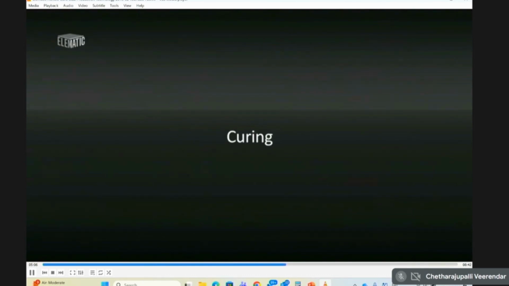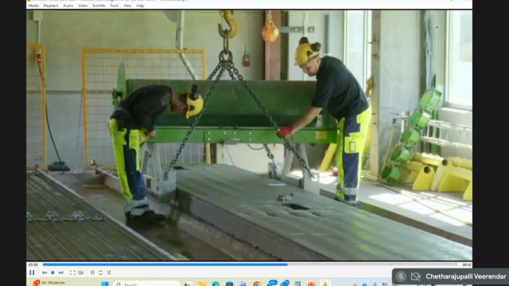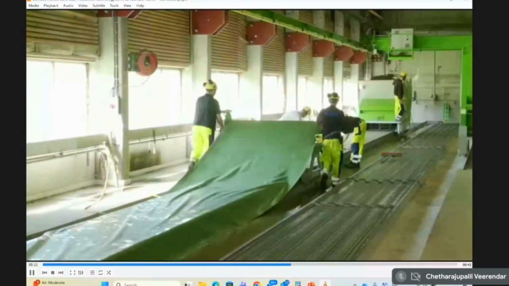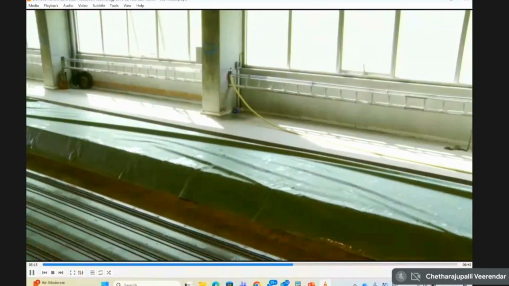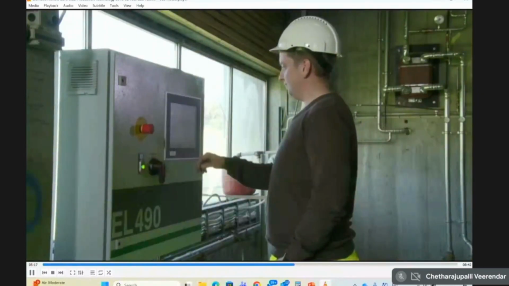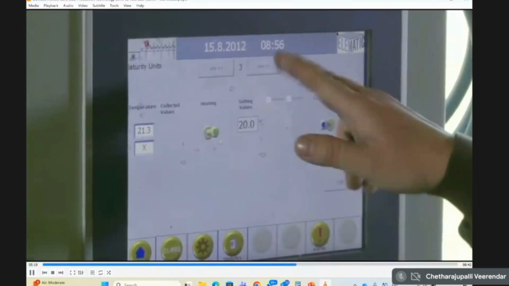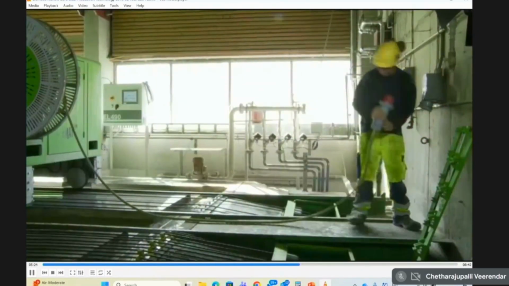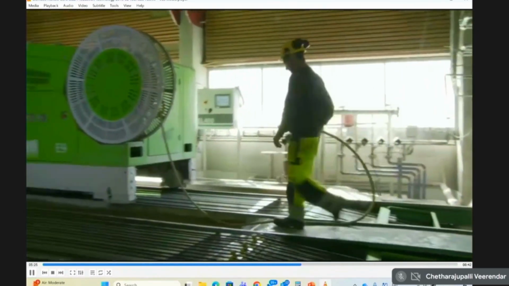And we have something called a maturity controller, an automatic system which measures the maturity of concrete. And under these beds are hot water pipes. They are allowing a continuous circulation of hot water and maintaining the temperature of concrete between 45 to 55 degrees centigrade.